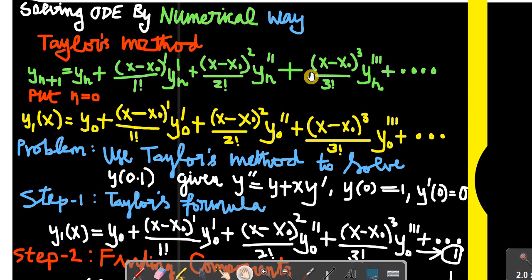Now in this equation you put n equals 0.